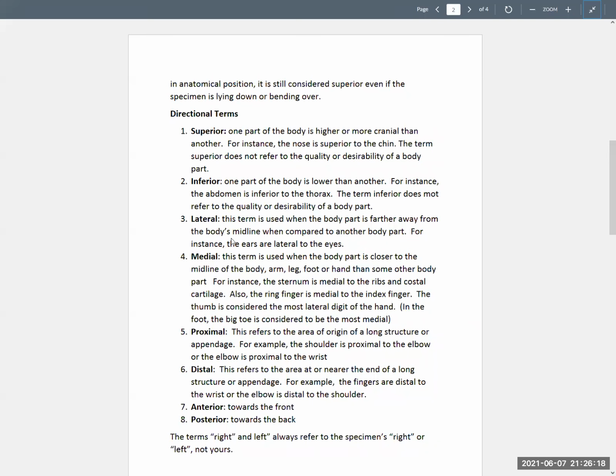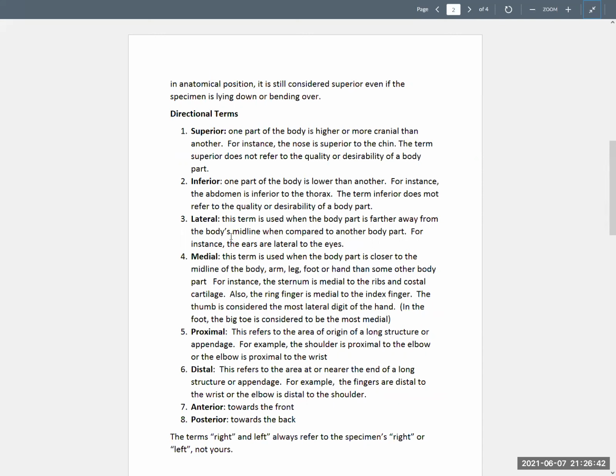Lateral. This is when the body part is farther away from the body's midline. You can draw a line right down your middle between your eyes, over your nose, and all the way down. And the farther away something is, the more lateral it is. So your ears are obviously lateral to your eyes.